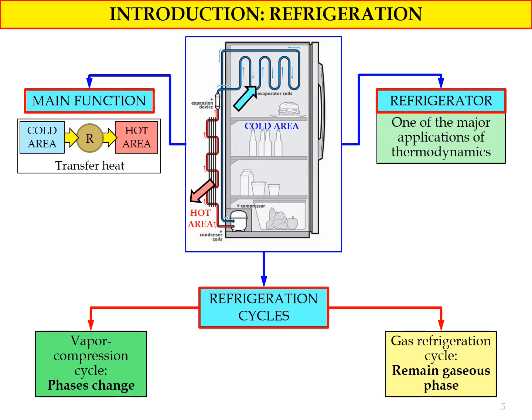The second is the gas refrigeration cycle, where the working fluid or refrigerant stays only in the gas phase. However, in chapter number 5 our focus is only on the vapor compression cycle. We will not discuss the gas refrigeration cycle.